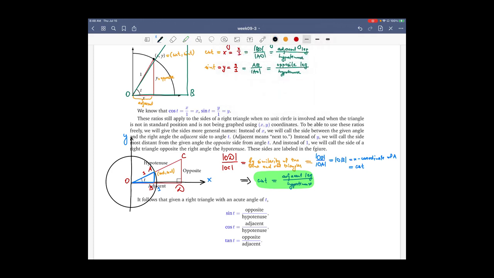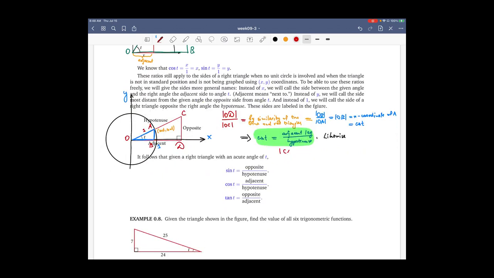Likewise, if we look at the ratio CD over OC, again by similarity of the two triangles, that ratio CD over OC equals AB over OA.